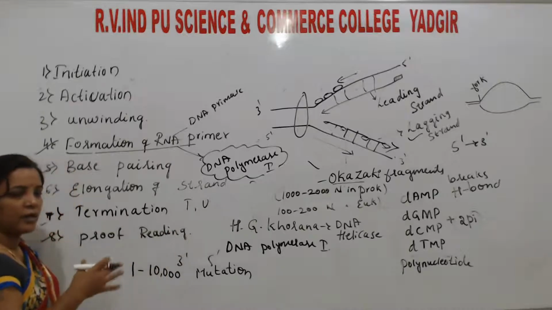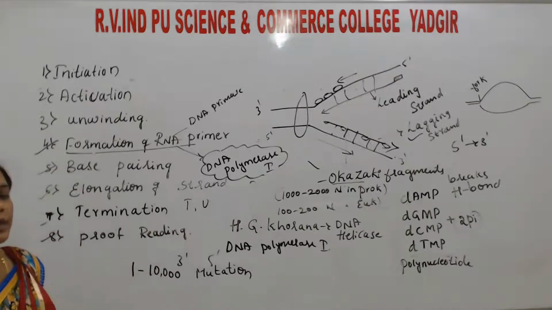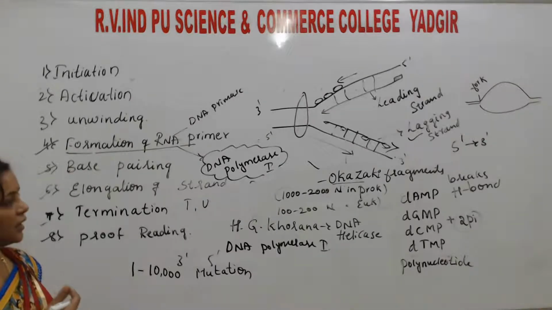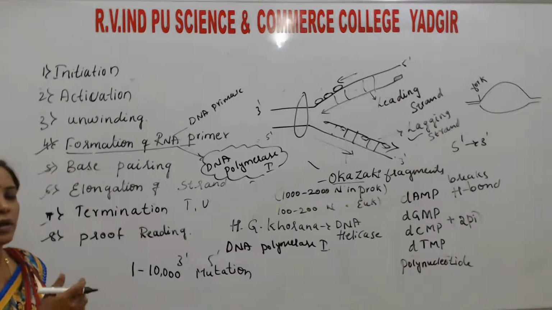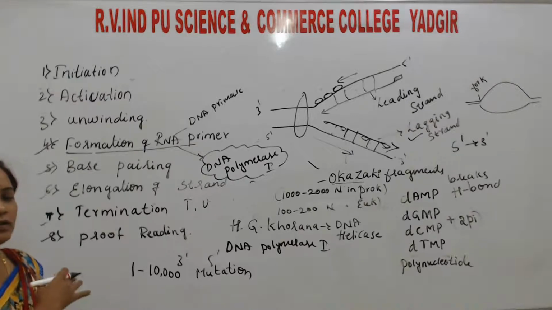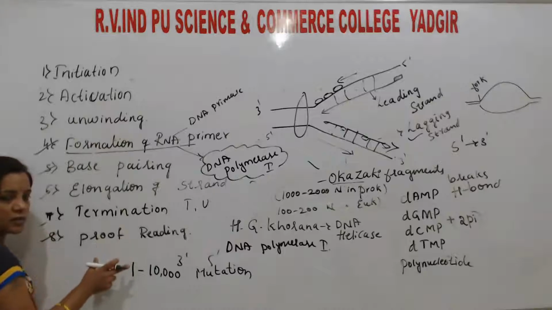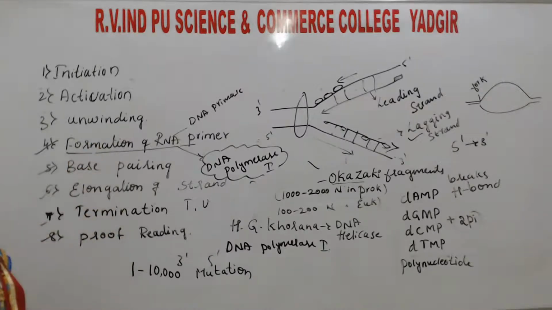So by this we have completed the mechanism of replication. In the first class we studied all the enzymes, in the second class we saw the diagram of how they work, and in the third we have completed the steps. So you have to write all these steps. You have to explain all these steps of the replication if they ask you.